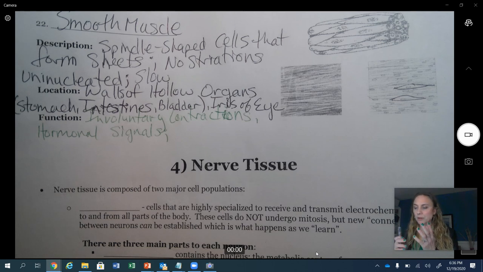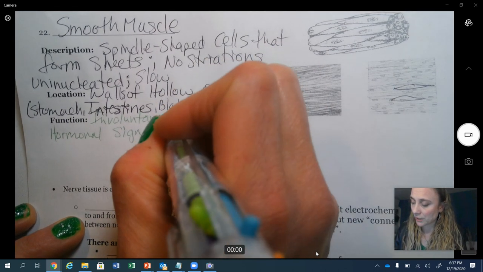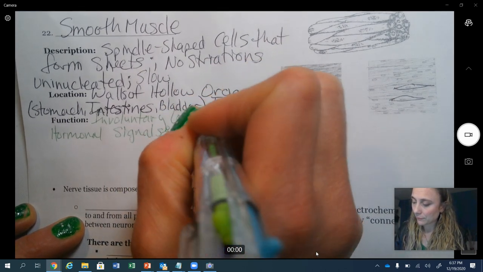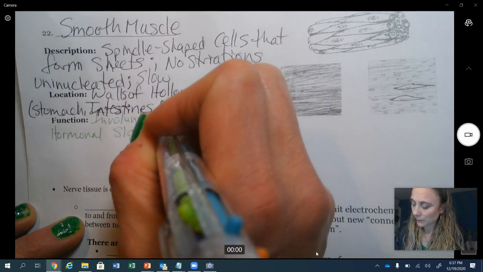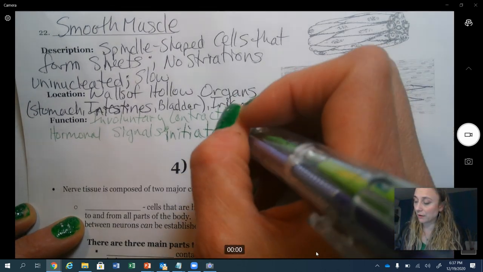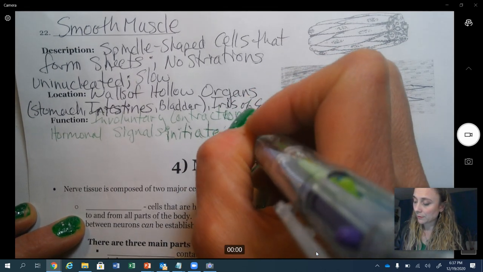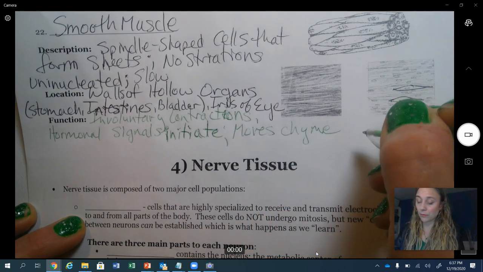So the involuntary contractions, hormone signals initiate. It's pretty slow comparatively, and moves stuff, right? Moves chyme around in your stomach.